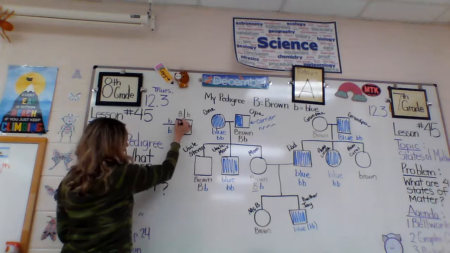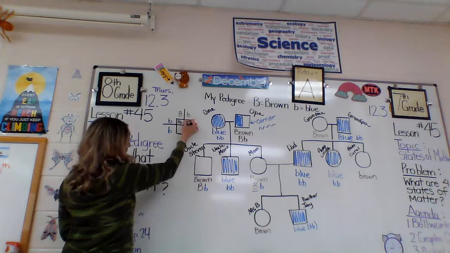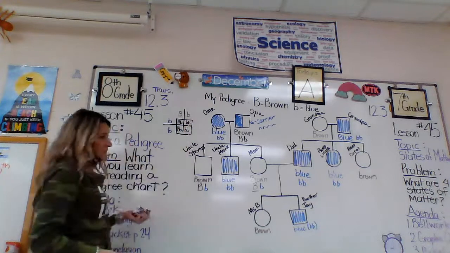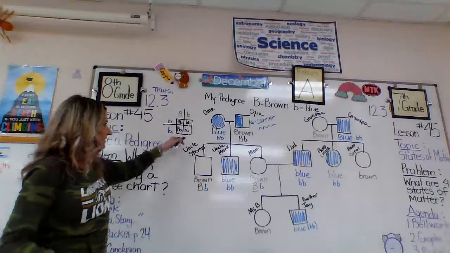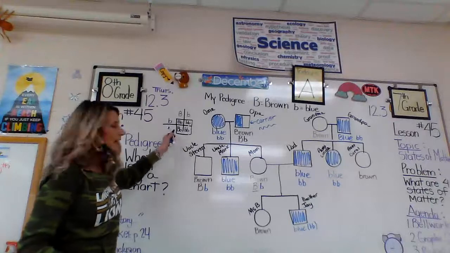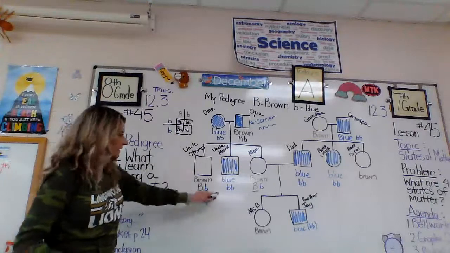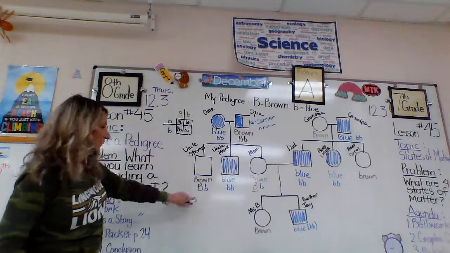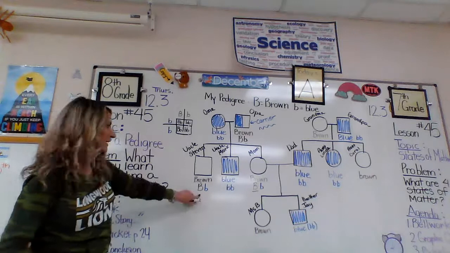So this is going to be capital B lowercase b, lowercase b lowercase b, capital B lowercase b, lowercase b lowercase b. I actually want to know the chances of this happening. It's a 50-50 chance, okay? You can see they're both possibilities, and there's no capital B capital B inside of the Punnett square, so I know that isn't an option.